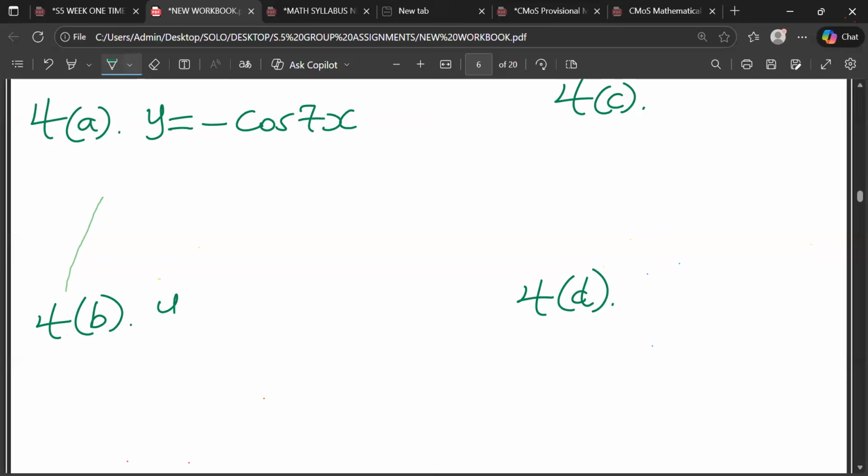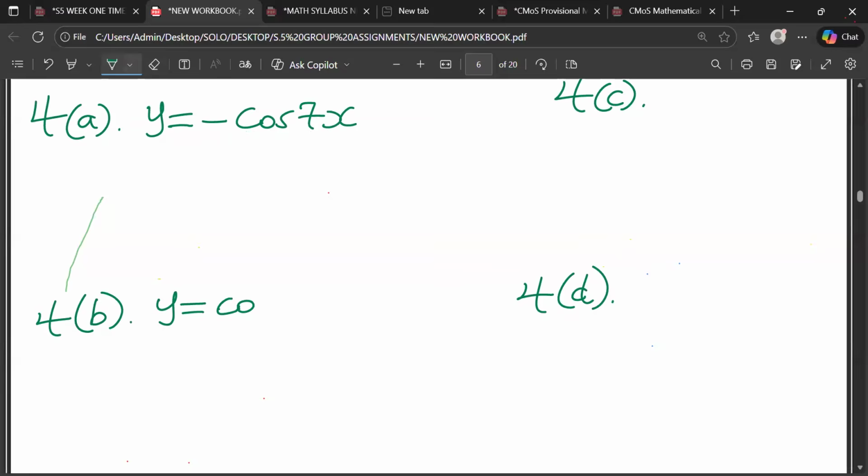Another person, y is equal to cot x over 8. Another person will do y equals sine 3 over 2x. And another one will do the last.